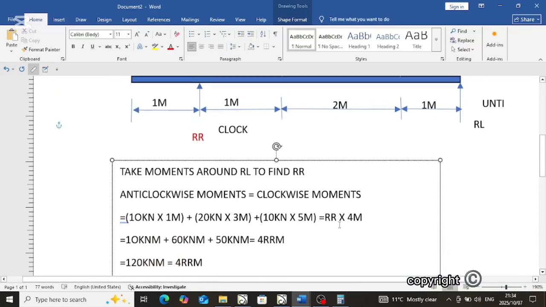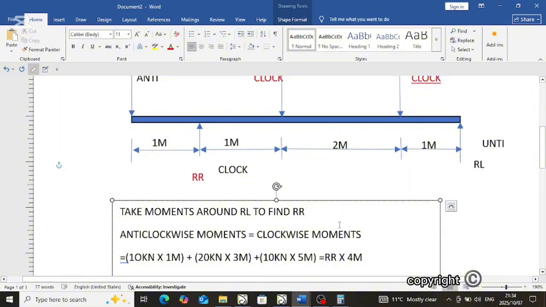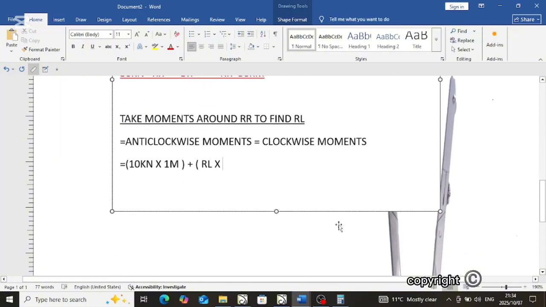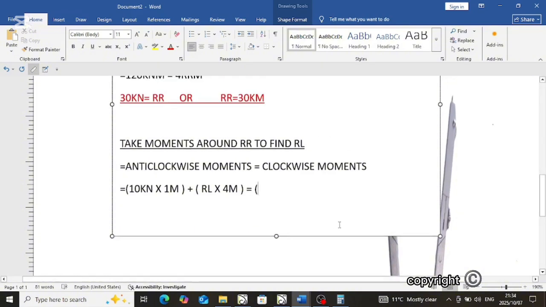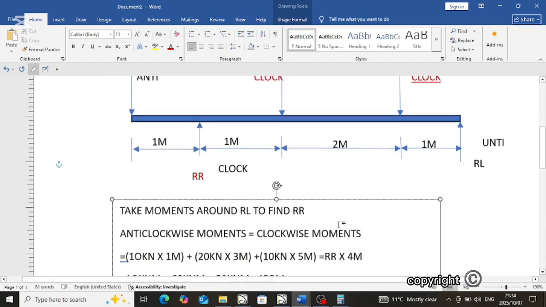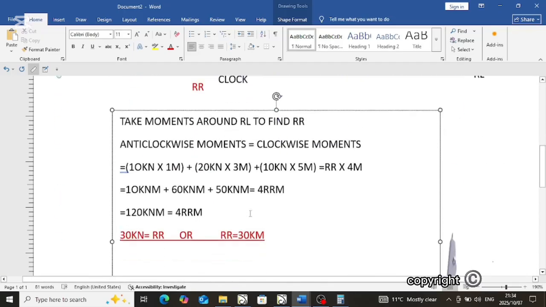It will be RL multiplied by the distance. Our distance is the distance between the supports, which is 1 plus 2 plus 1, then it's 4 meters, equals the clockwise moments.